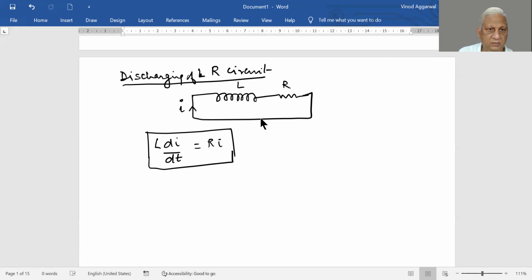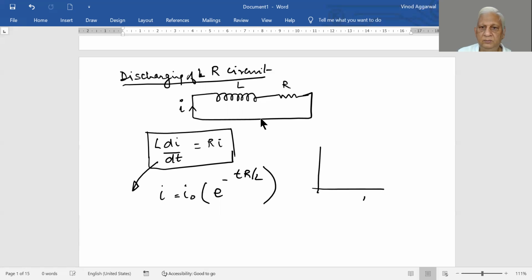Now, the expression that we get out of this differential equation will be I is given by I naught e to the power minus t over tau. If we plot time versus I, it starts with some value and decays.